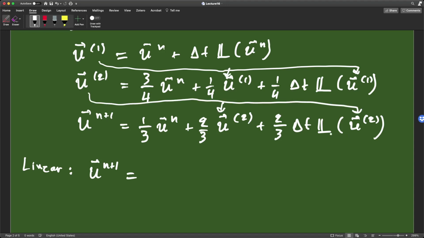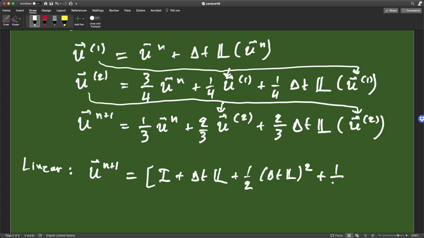If we do these substitutions and sum up all the terms, then for the linear case we get the unit matrix plus delta t L plus 1/2 delta t L squared plus 1/3 factorial delta t L cubed acting on Un.